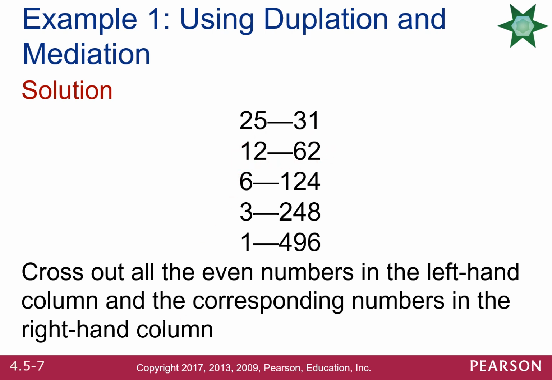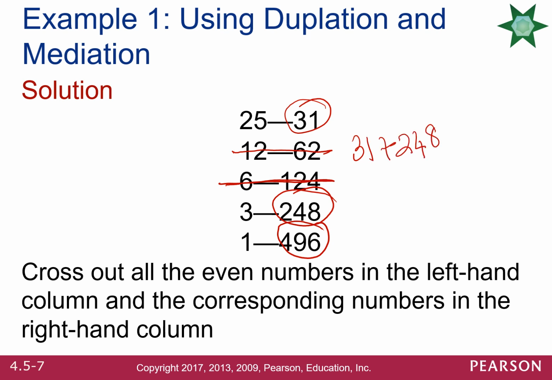So this will get crossed out, this will get crossed out, and we will end up adding the values remaining on the right-hand side. So it'll be 31 plus 248 plus 496, which should give us a value of 775.